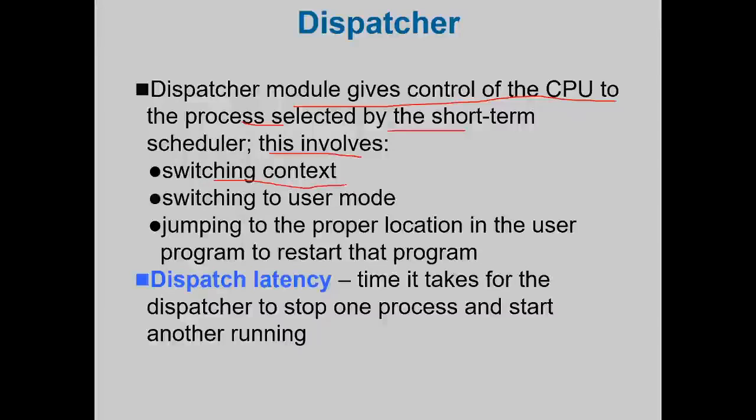Whenever the CPU is given to a process, its current status has to be saved, and this is called context switching. Switching from kernel mode to user mode is also taken care of by the dispatcher, as is jumping to the proper location in the user program to restart it. It reads the current status of that process, from where to start the execution and how much it has executed earlier.